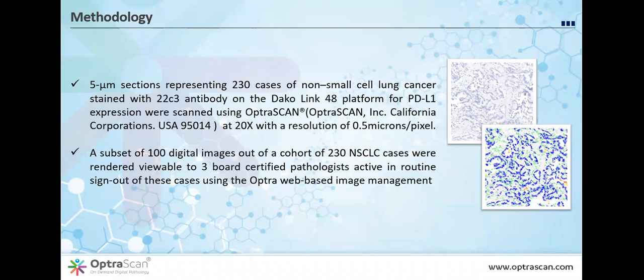Correlation coefficients were measured to assess the variability between the pathologists and also between the pathologists and the algorithm. Concluding the study, the automated scoring methods showed great concordance with the pathologist average scores that were pretty much comparable to interpathologist scores.